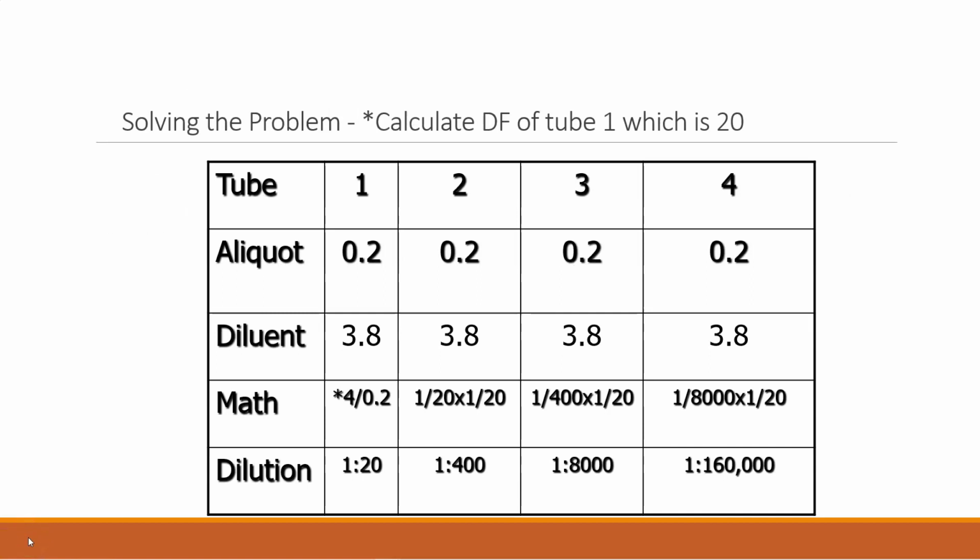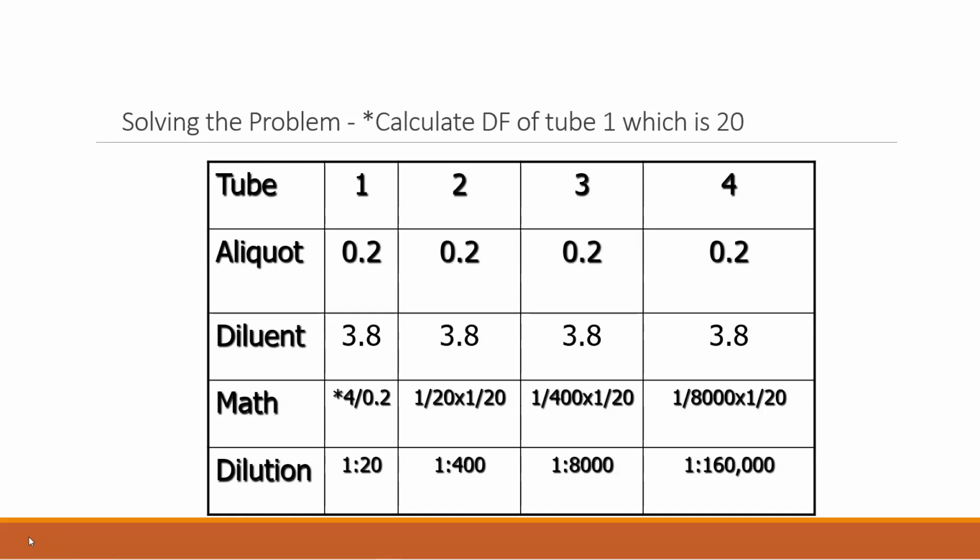So here we go. We have the tube, we have the aliquot, we have the diluent. Notice that every tube has 4.0 mLs total volume. So we do the math. We find out that the dilution is 1 to 20, and remember the dilution factor is 20. So what you do is you multiply each tube result by 20.